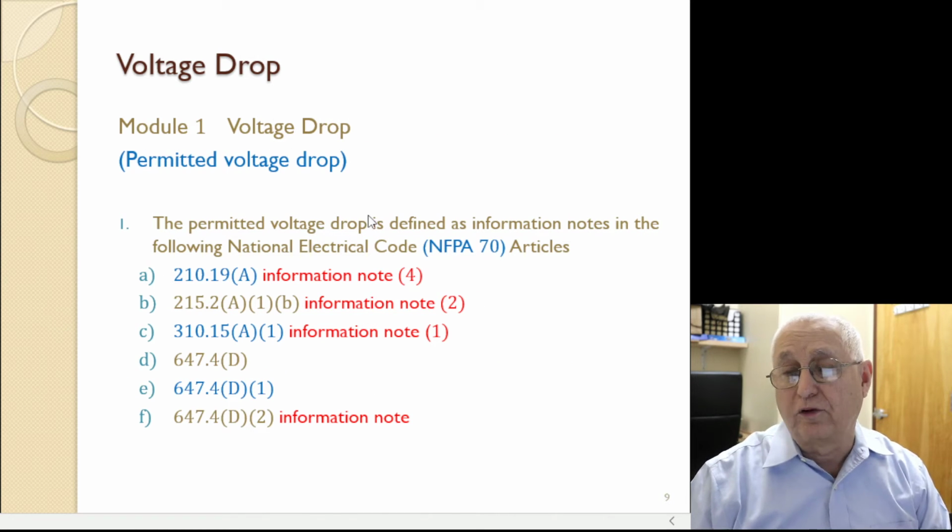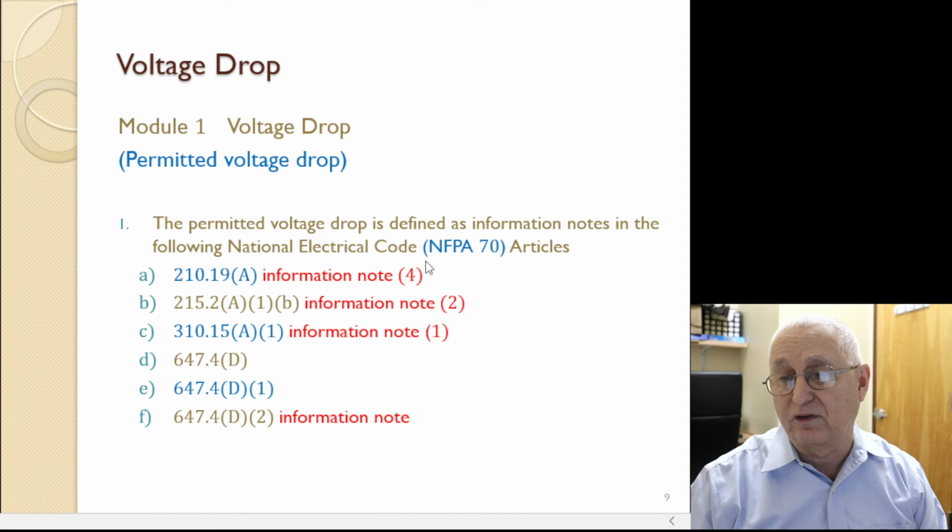The permitted voltage drop is defined as information notes in the following National Electrical Code, NFPA 70: 210.19(A), information note 4; 215.2(A)(1)(b), information note 2; 310.15(A)(1), information note 1; 647.4(D), 647.4(D)(1), and 647.4(D)(2) information note.